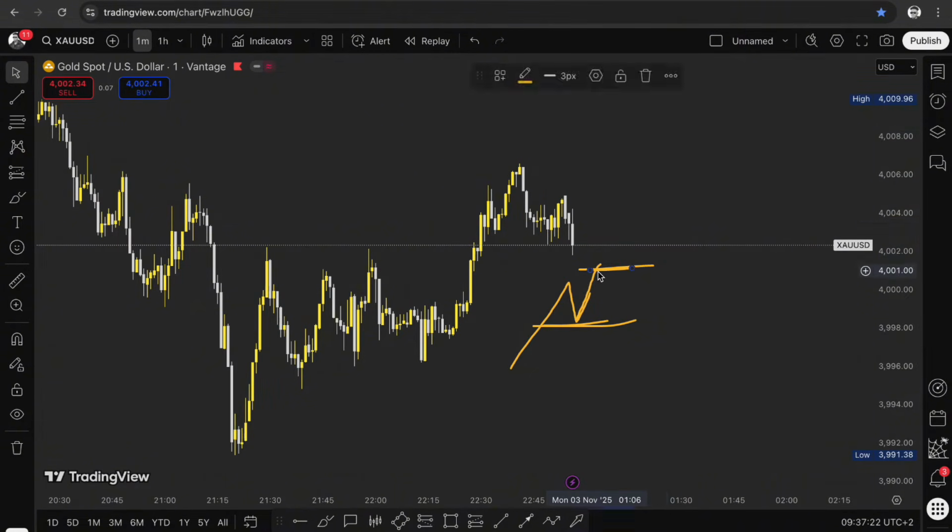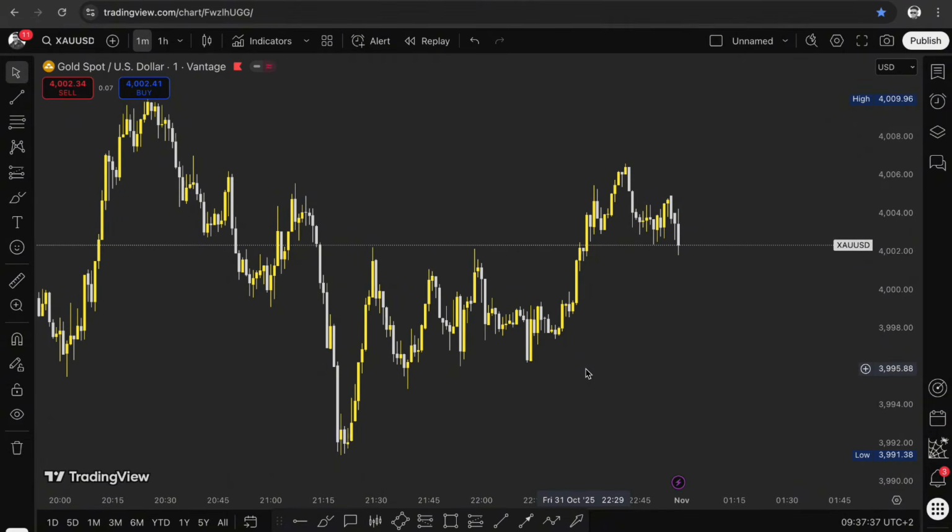So yeah, that's just it, guys. Another strategy. That was a continuation, and now there is the reversal of trend line. I just want to make this clear. When you are trading, you have to be cautious when the market is changing its behavior. The market doesn't always stay the same.